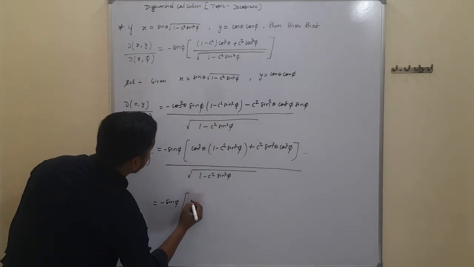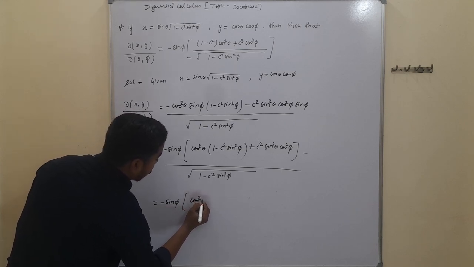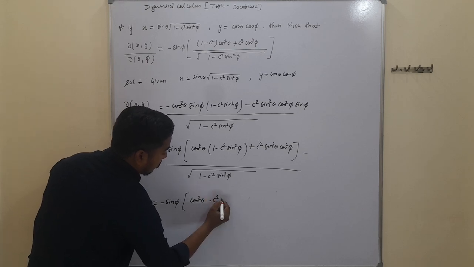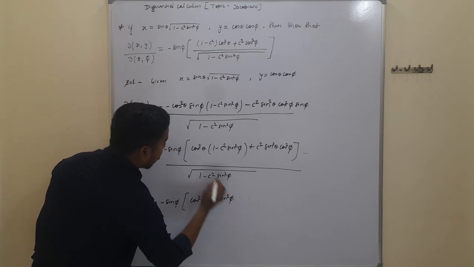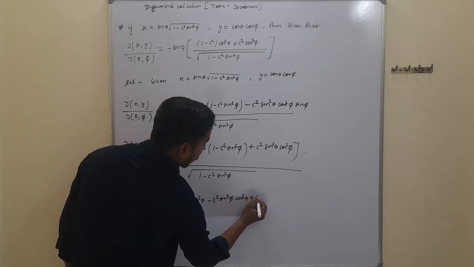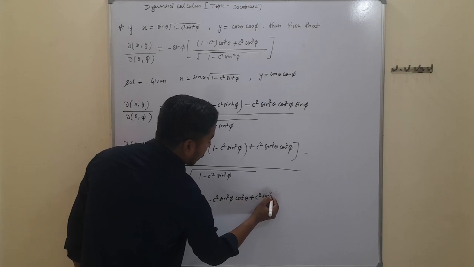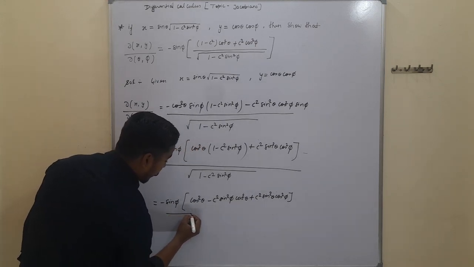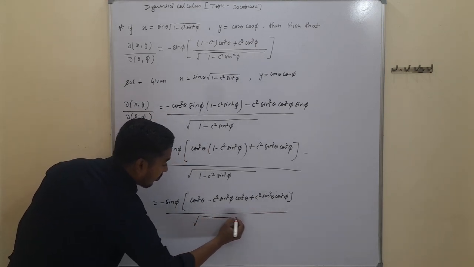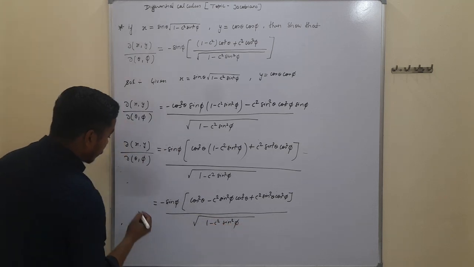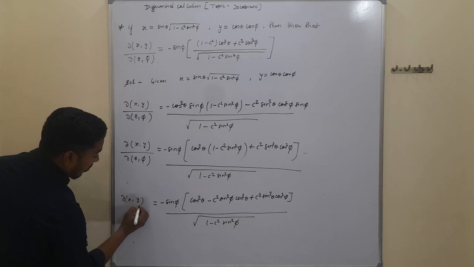This is given by cos square theta, and here is minus c square sin square phi into cos square theta, and here is plus c square sin square theta into cos square phi, upon under root of 1 minus c square sin square phi. This is given by del of x comma y upon del of theta comma phi.